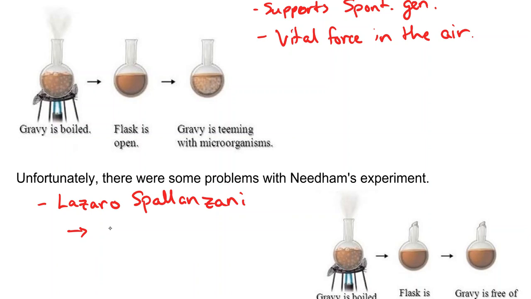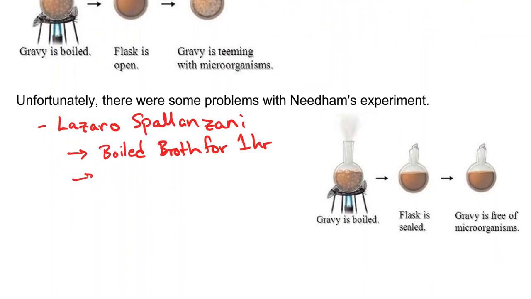So what he did was he boiled the broth for 1 hour, for an entire hour. And he found that did, in fact, kill all of the microorganisms in the broth instead of just the 15 minutes. What he also did is he sealed the flask after boiling.